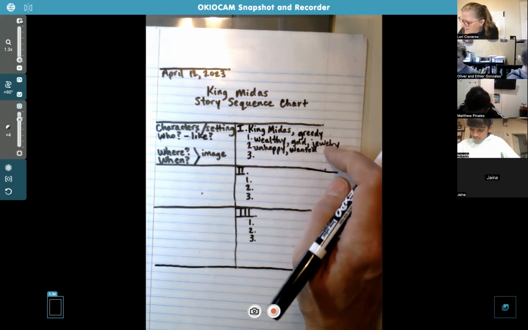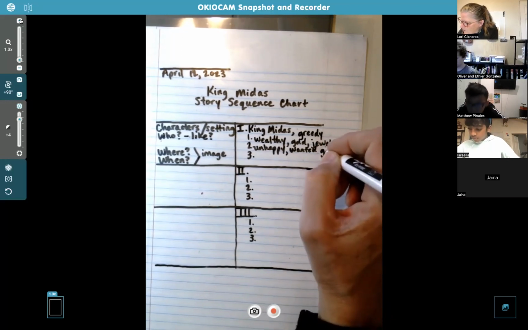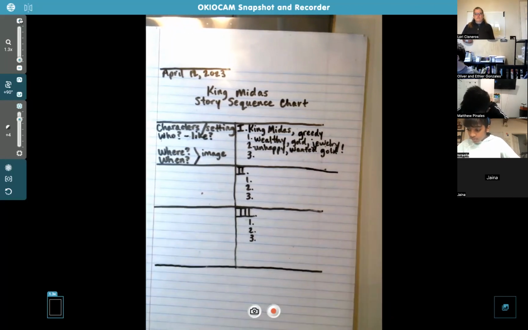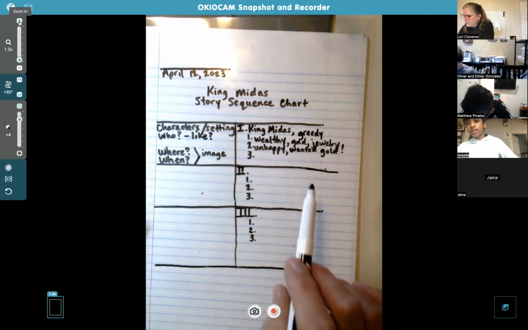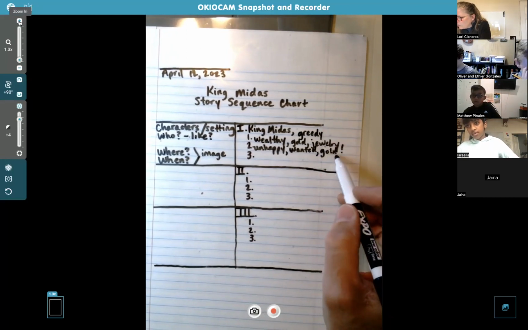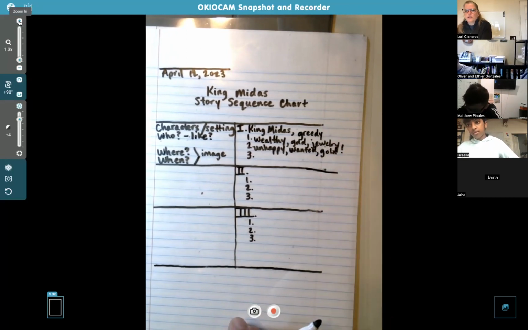Hold on. I'm going to put gold, and then I'm going to put an exclamation point, meaning more gold, right? That's a little hard to see. My marker is so thick, but it says wanted, and then I put the word gold with an exclamation point there. That's for number 2.